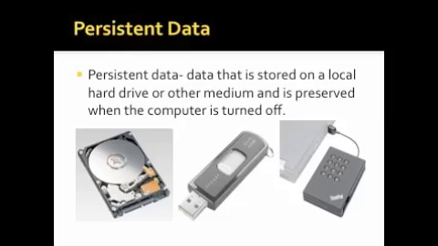Persistent data is defined as data that is stored on a local hard drive or other medium and is preserved when the computer is turned off. Some examples of these are an HDD, also known as a hard disk drive, a flash drive, and a portable hard disk drive.